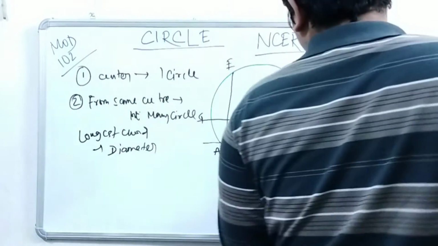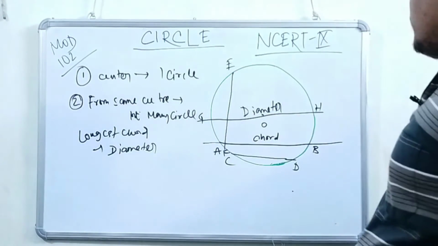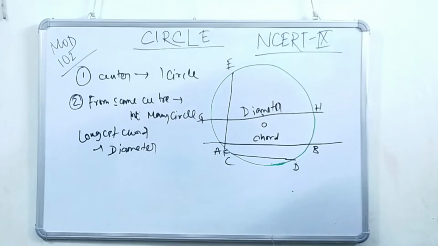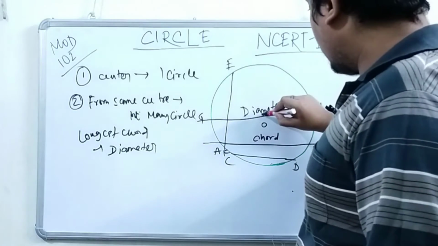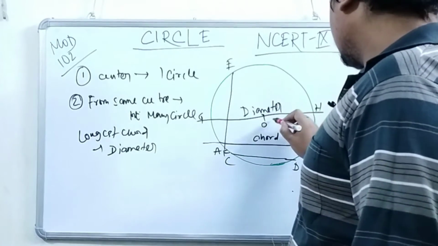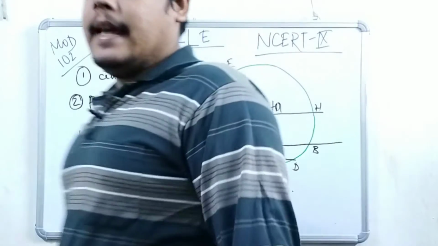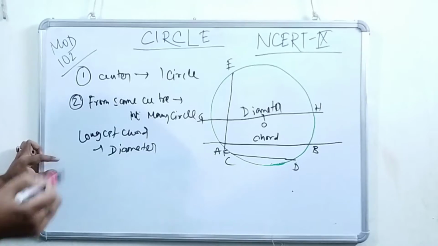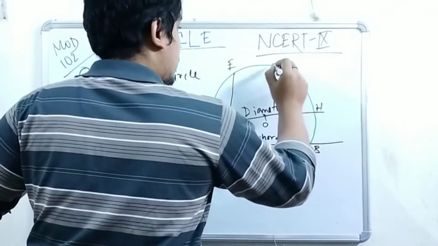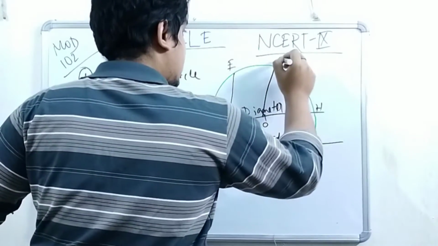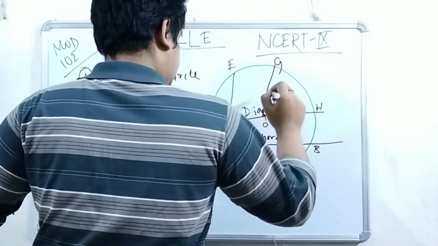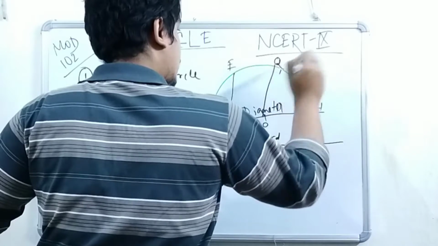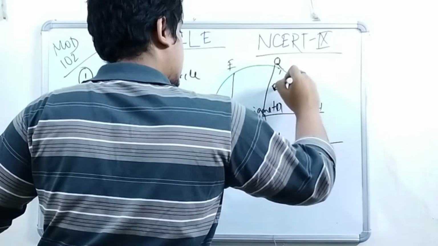Now if I halve the diameter, this part is called the radius, and that length remains the same throughout the circle. So radius is half of the diameter, so I can just draw like this, O, Q, that is a radius.